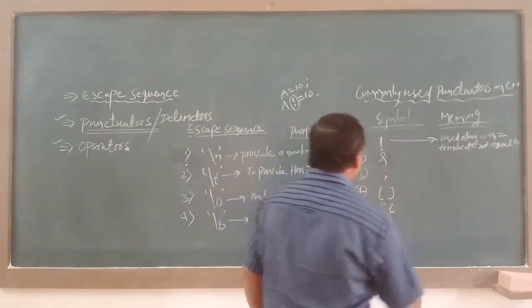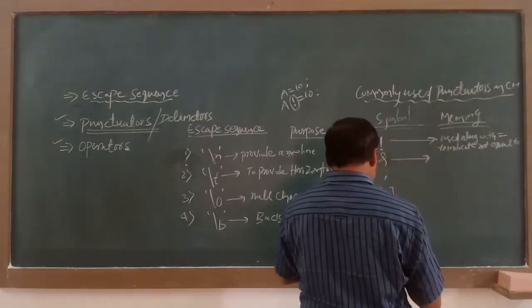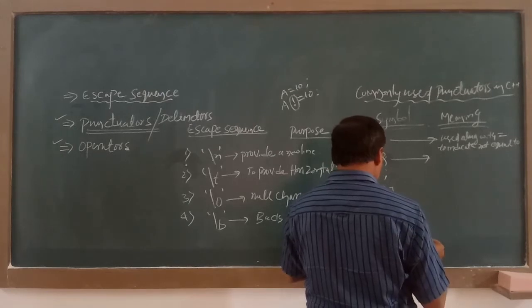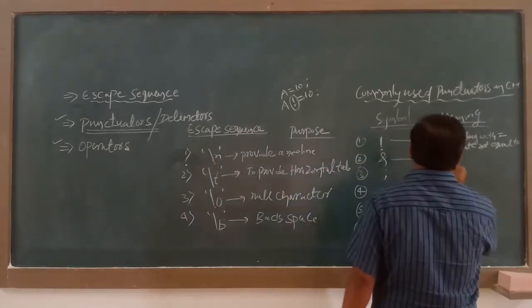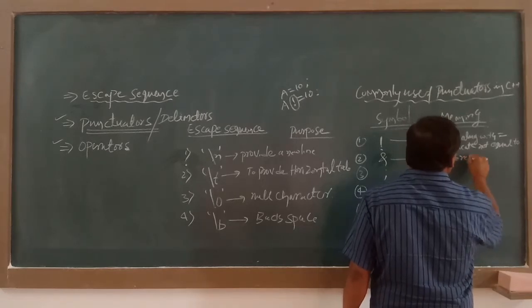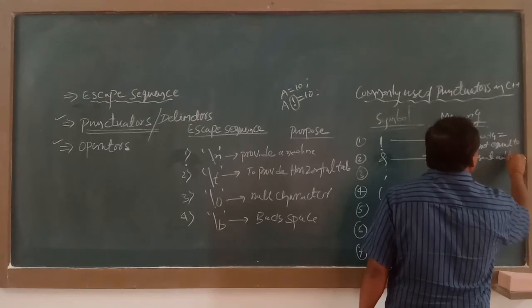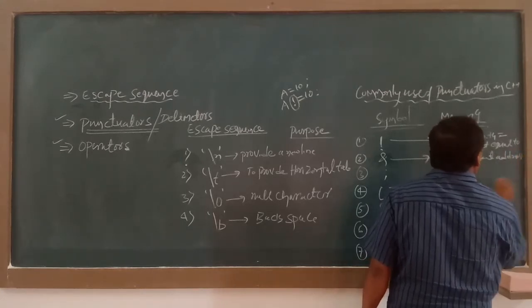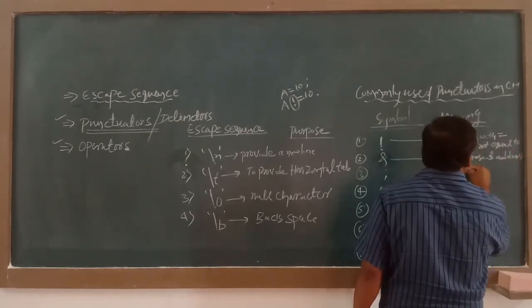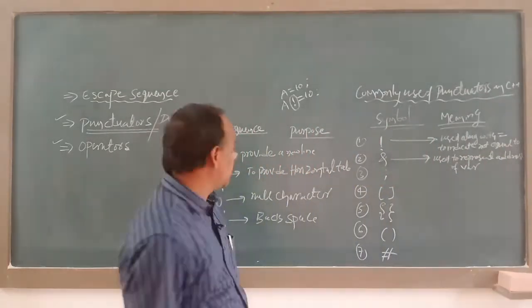Consider the second one, the ampersand symbol, used to represent the address of a variable. Suppose a is a variable.